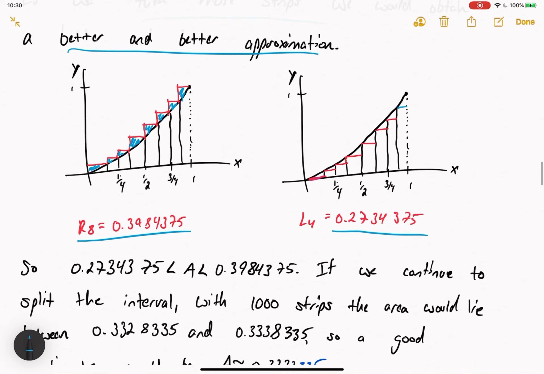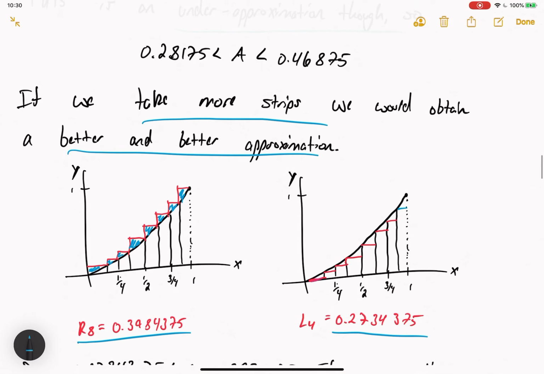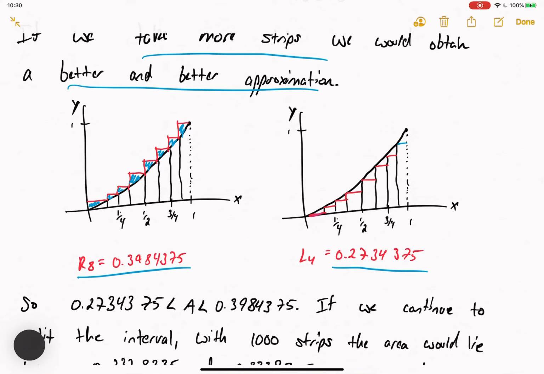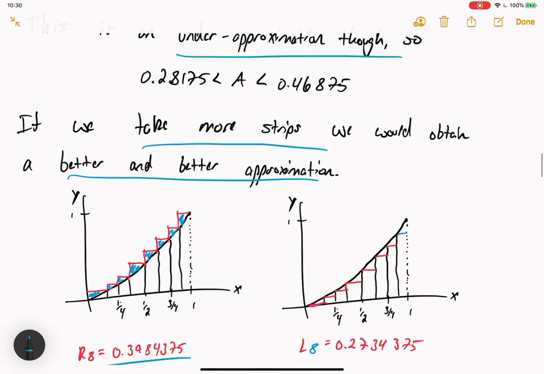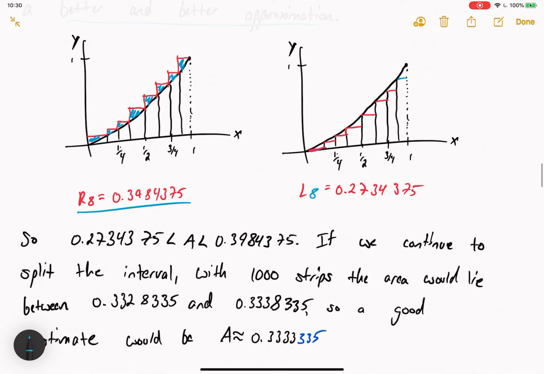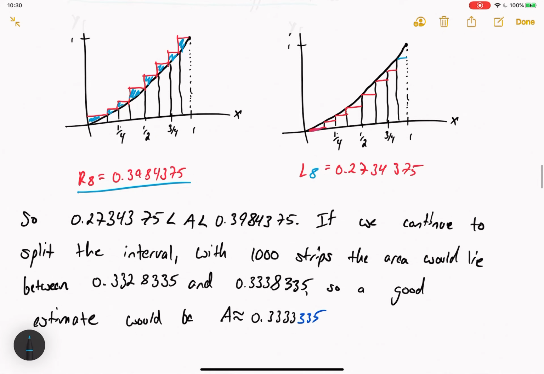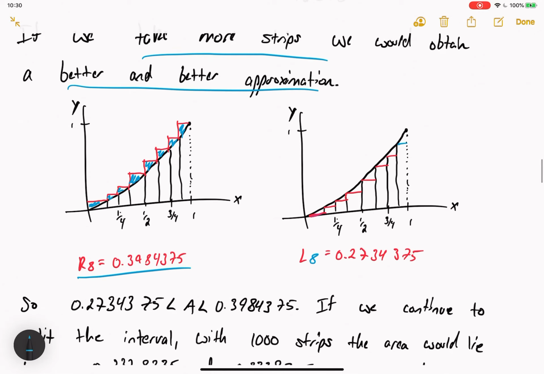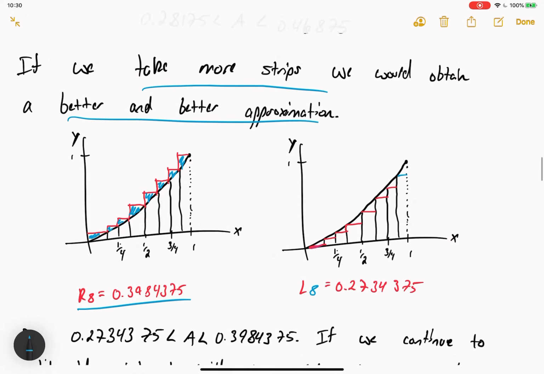And we got 0.2734 for that. Is that right? I don't think that's right. Weird. Sorry, I noticed something.